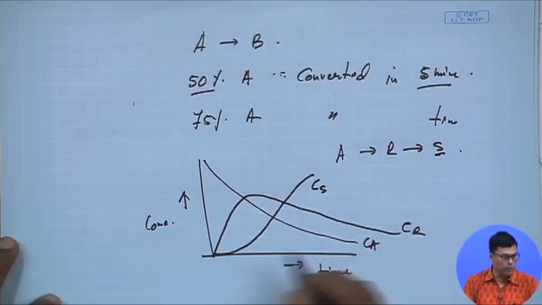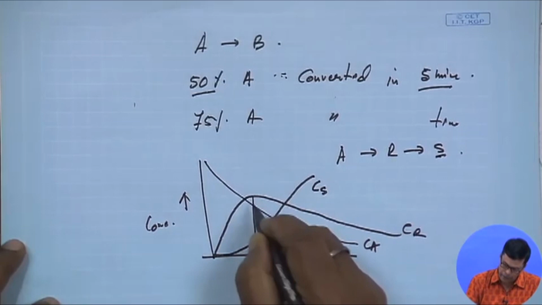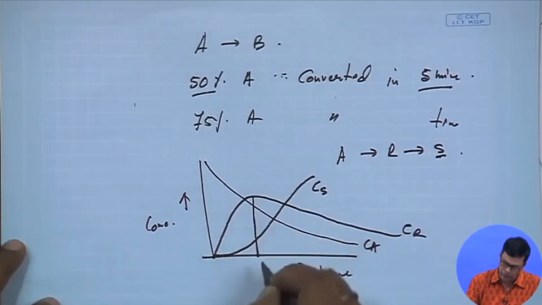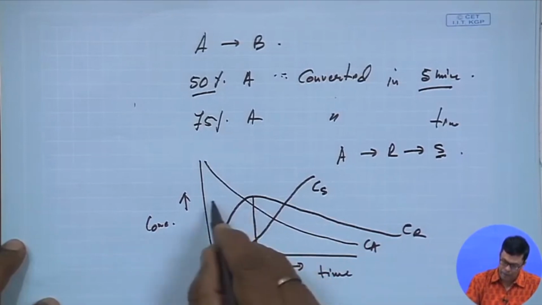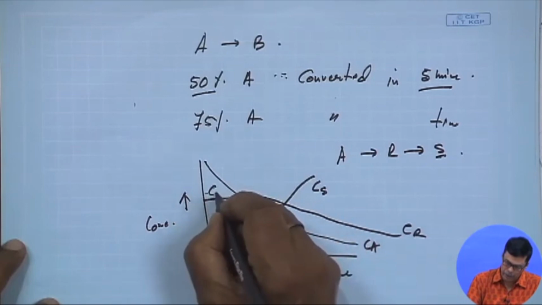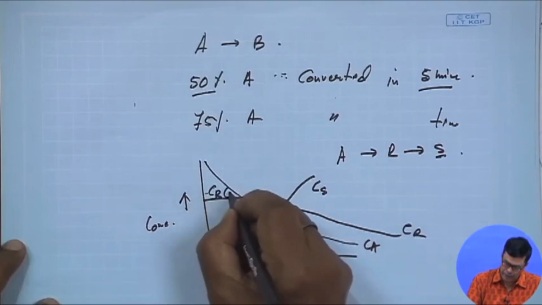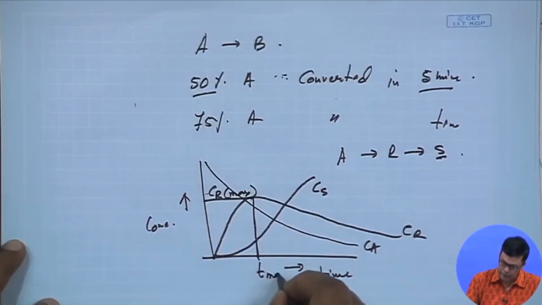Now what we are looking for in this problem is the intermediate concentration of the product. The question is, at what time can we attain the maximum value? This is called Cr max, and here we call it Tmax.